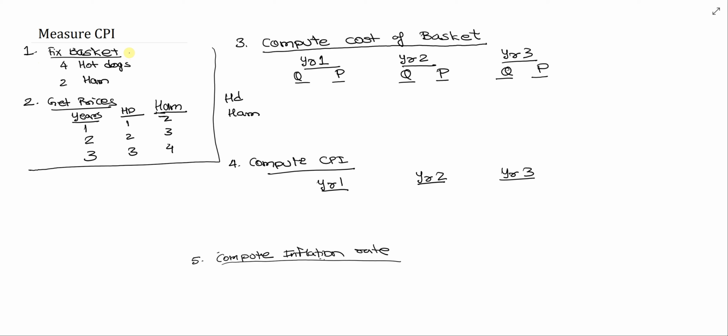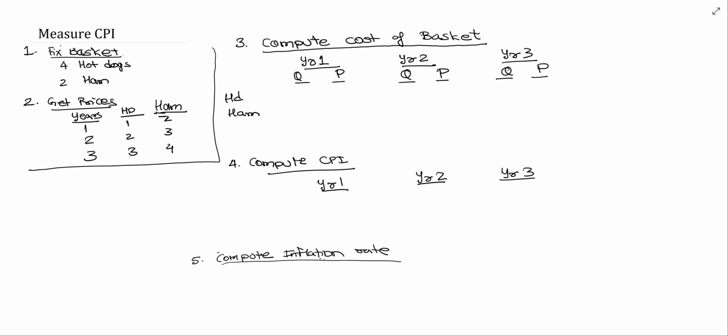So the first step is to fix the basket. We go to a typical consumer and ask what this consumer is buying in their basket, and we find out that they are buying 4 hot dogs and 2 hamburgers. The idea here is to fix the basket and measure the cost of this basket over time.